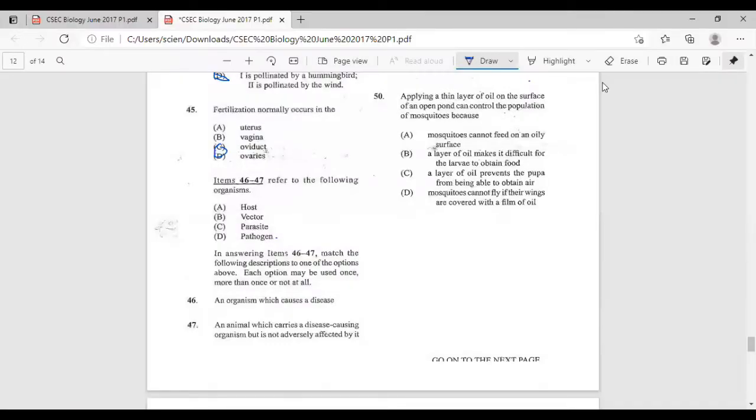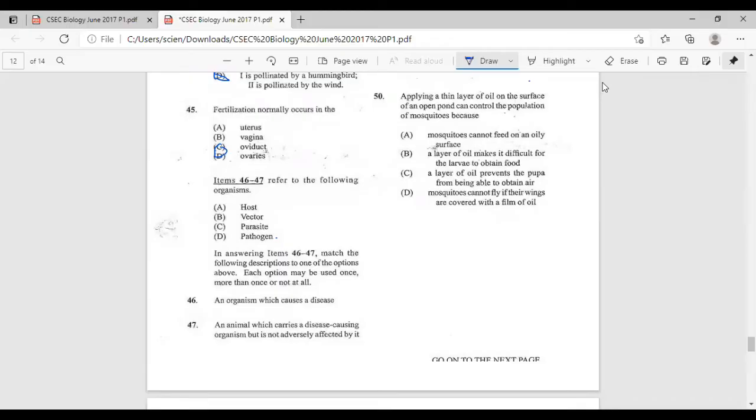Question 46. Items 46 to 47 refer to the following organisms. So we have A, host, B, vector, C, parasite, D, pathogen. In answering items 46 to 47, match the following description to one of the options above. Each option may be used once or more than once or not at all. 46.